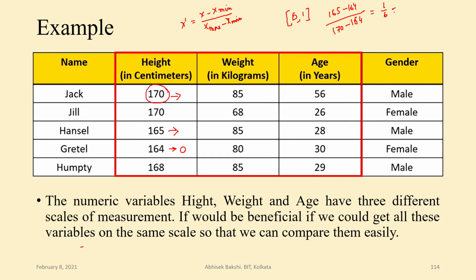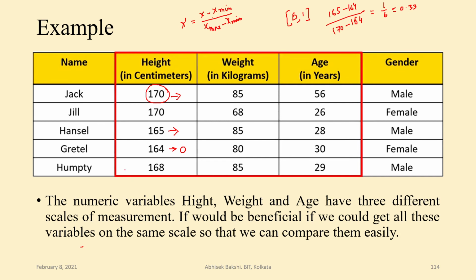So that means 0.33, something like this, right? Am I correct? No, I think 1 by 6 is not 0.33.